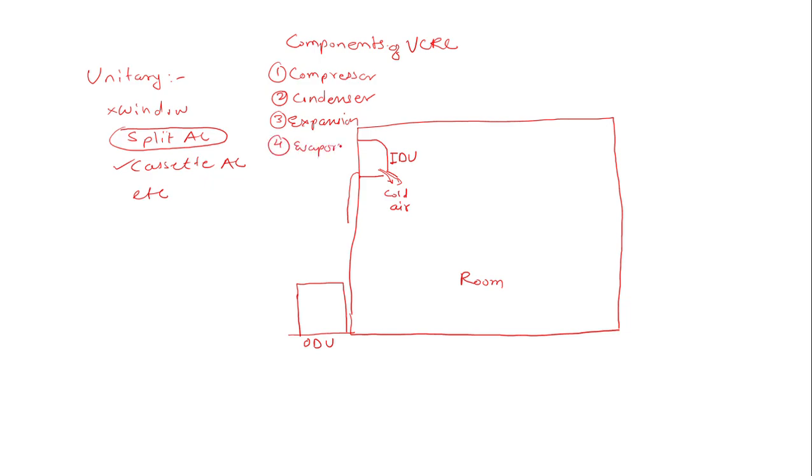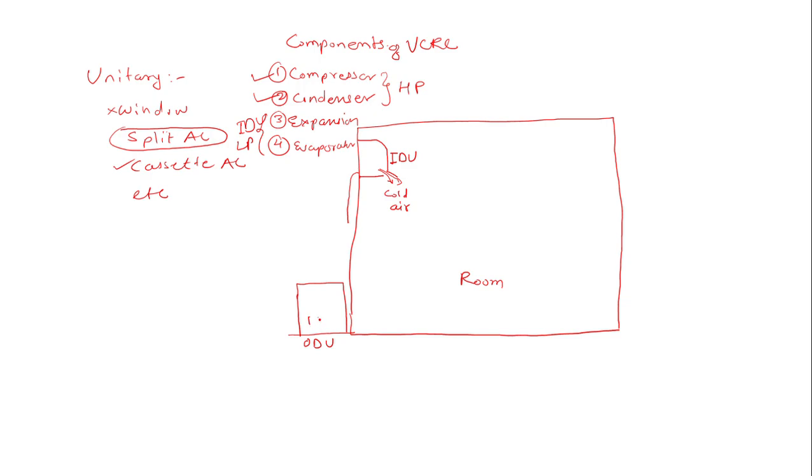Out of these, the compressor and condenser are fitted into the outdoor unit. They are also known as the high pressure units, HP units. The expansion valve and the evaporator are fitted into the indoor unit, which is also known as the low pressure unit.